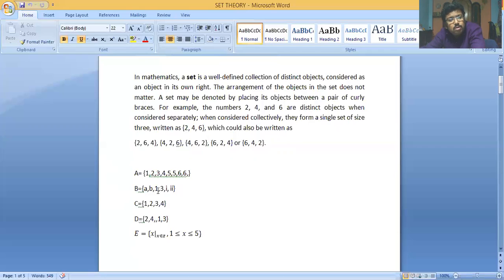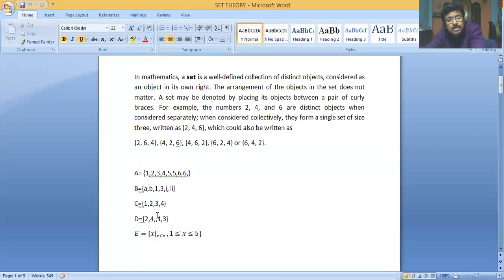If you like to form a set of English alphabets, then it is not that set. And if you like to form a set of Roman numbers, then it is also not that set. So in that way, A and B are not sets. C, D and E are sets.